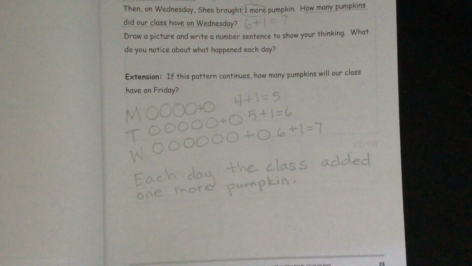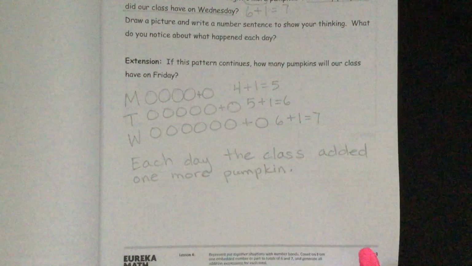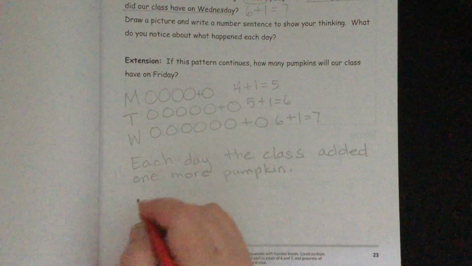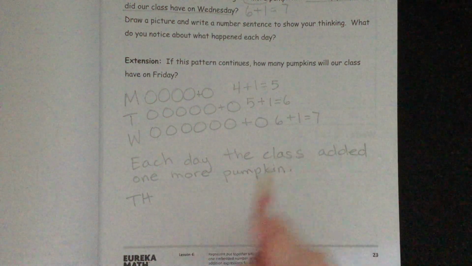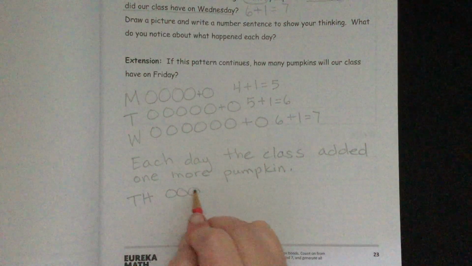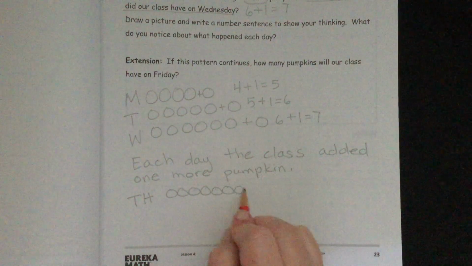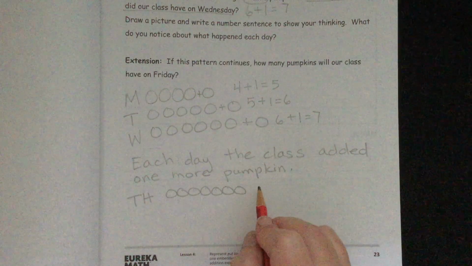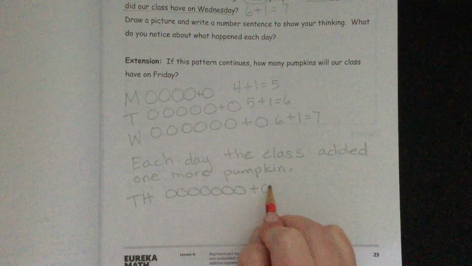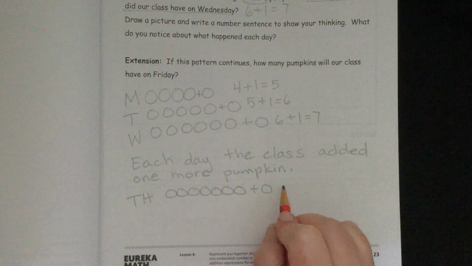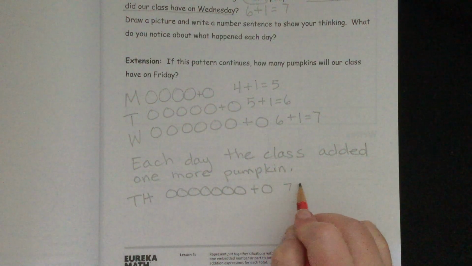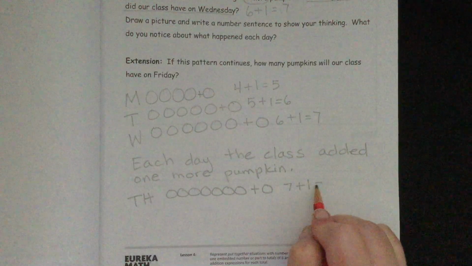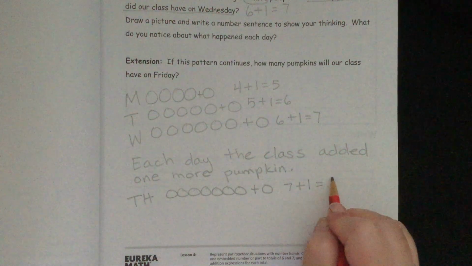Okay, we can figure that out. On Thursday, they're going to start with 7: 1, 2, 3, 4, 5, 6, 7. And one more. Somebody brings in one more. So that'll be 7 plus 1 equals 8.